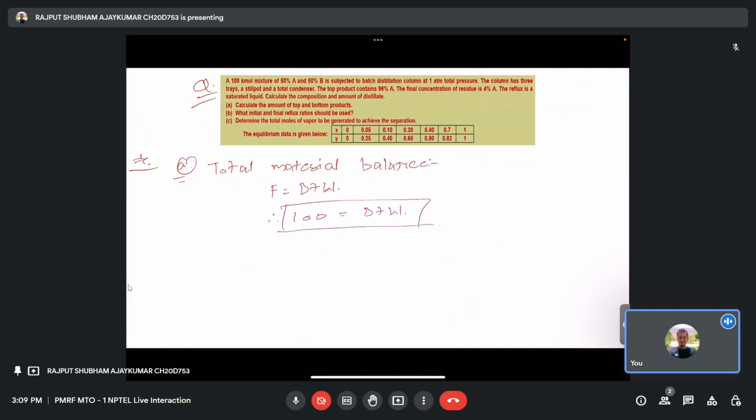Now the component balance of A, since the concentration of A in the top product is given as 96%: F into z_F equals D into x_D plus W into x_W.